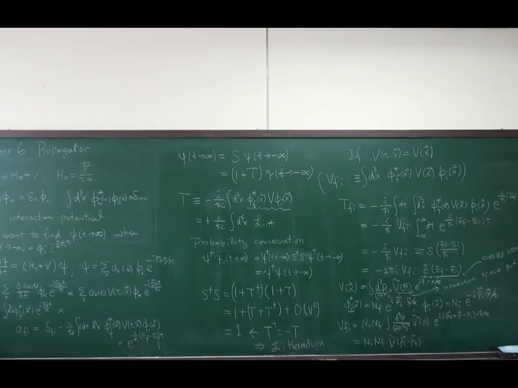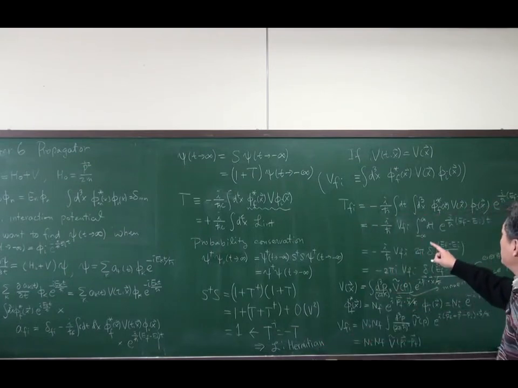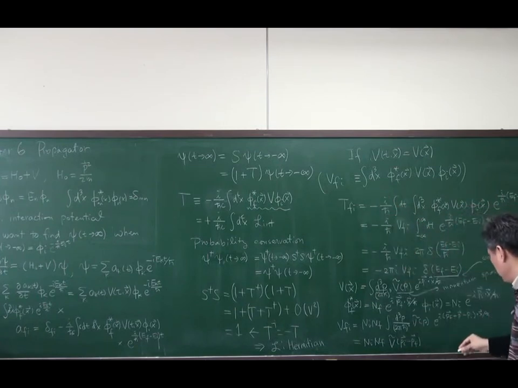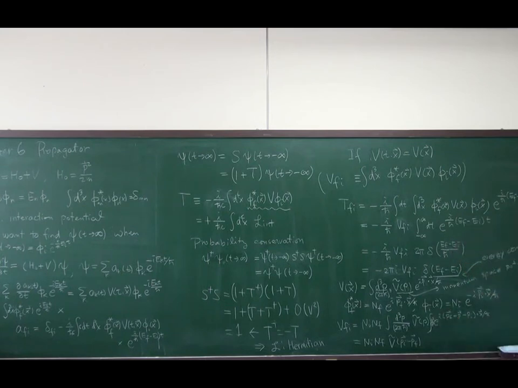Where is it? I have the integral over space, which is missing here. If I put d cubed x, then this gives a three-dimensional delta function, 2 pi q delta of p_f.